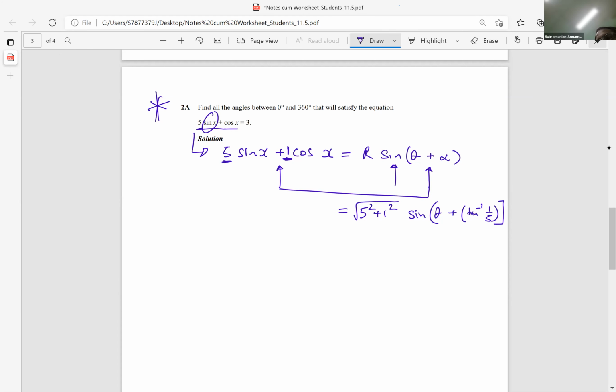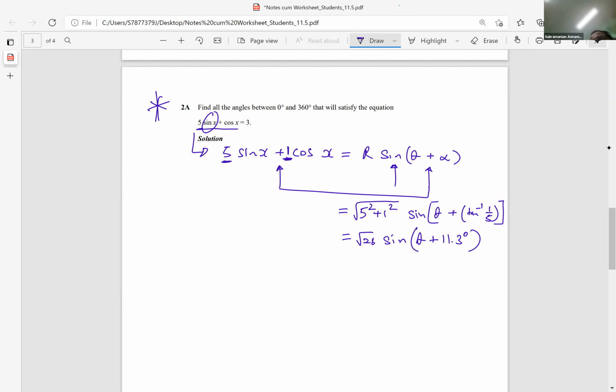I put this as square bracket better. So it's like all in one lah. So you got 25, 26, square root 26, sine. Can you tell me what is the tangent inverse 1 over 5 plus 11.3?